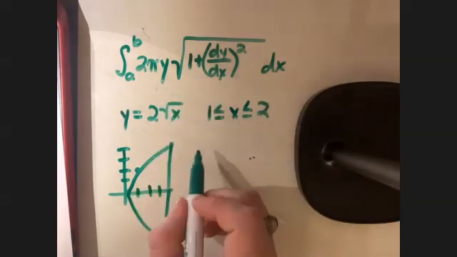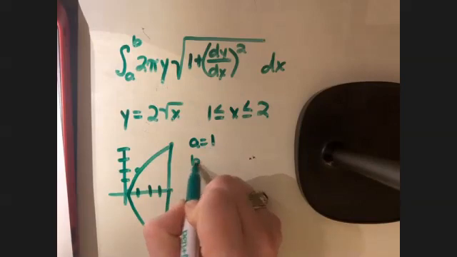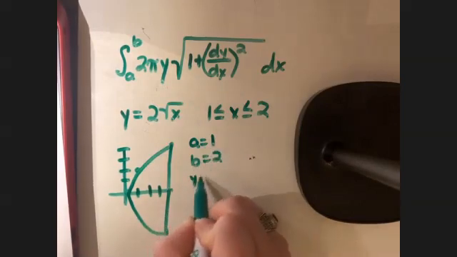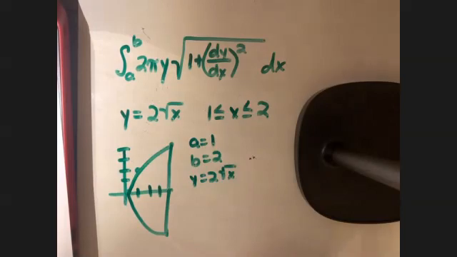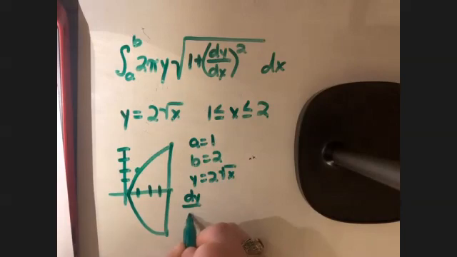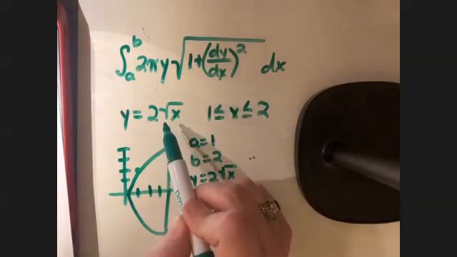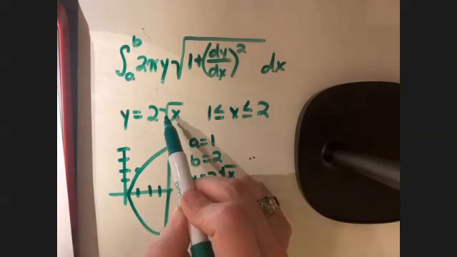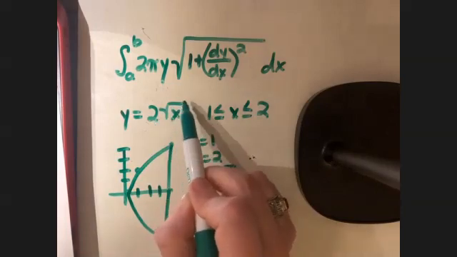Now, looking at setting this into our formula, pulling all of our parts and pieces: a is 1, b is 2, y is 2 square root of x. For dy/dx, this is going to be x to the 1/2.